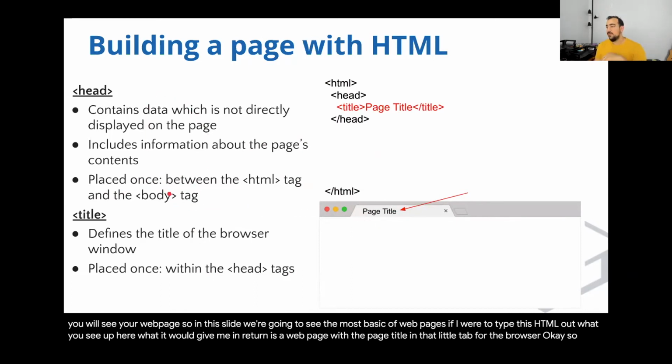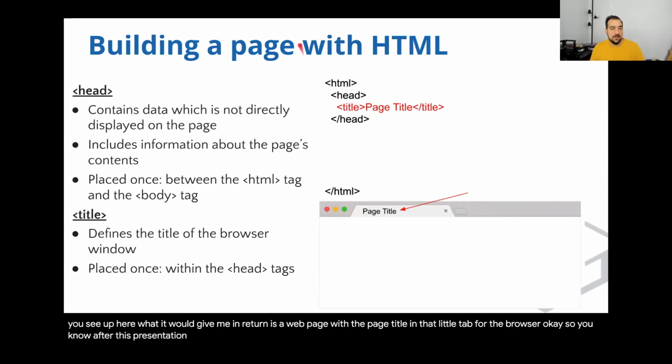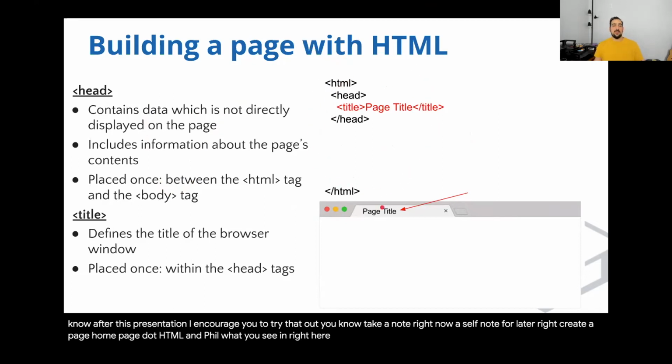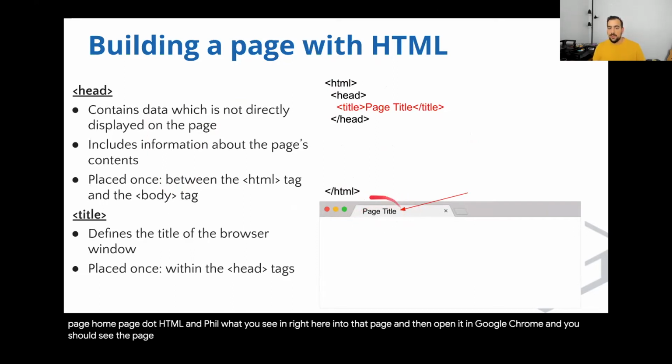So after this presentation, I strongly encourage you to try that out. Take a note right now, a self-note for later. Create a page, homepage.html, and fill what you see in right here into that page. And then open it in Google Chrome, and you should see the page title right here.